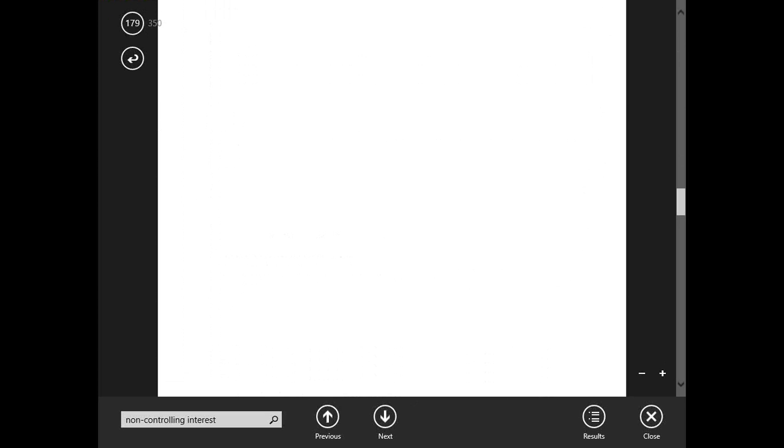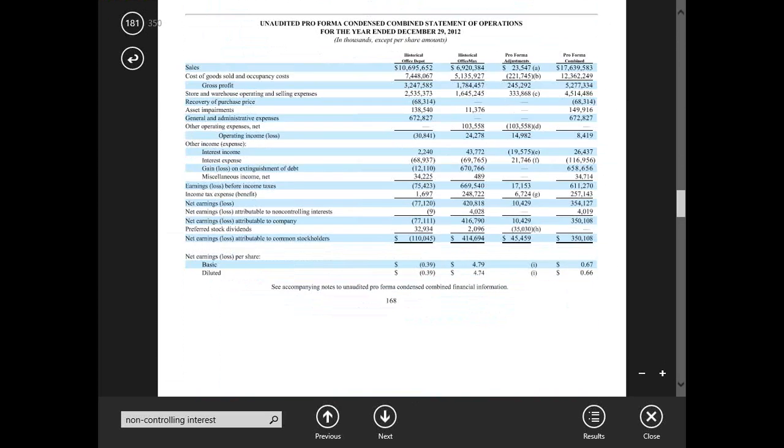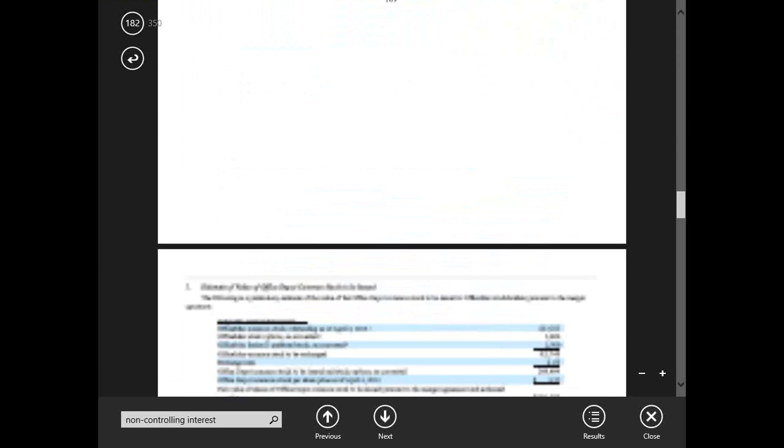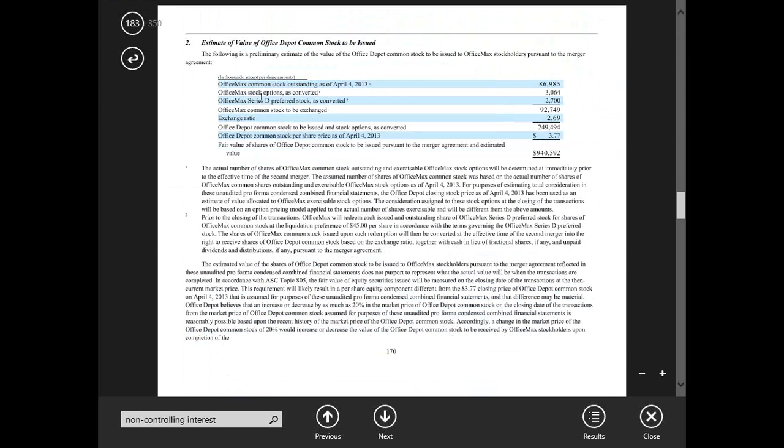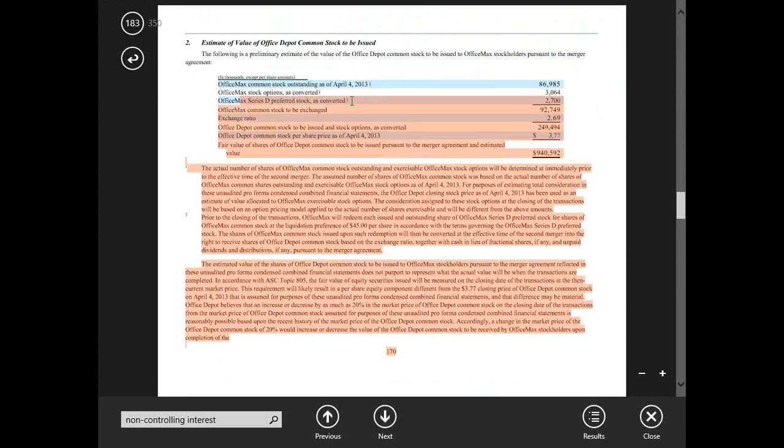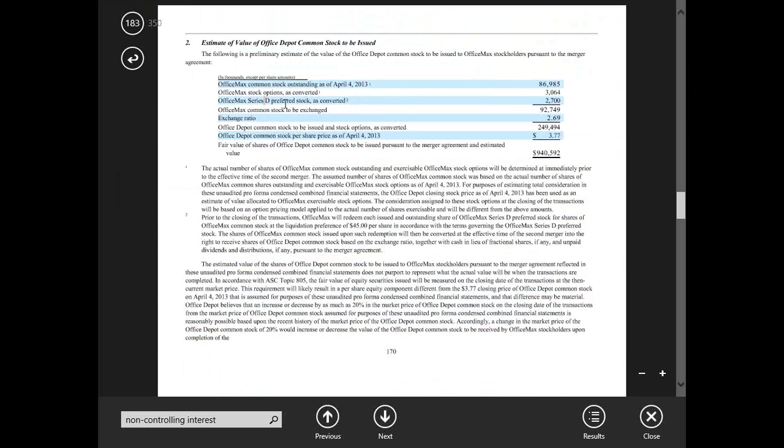We know that because it says it clearly. Office Max Series D preferred stock has converted. They converted it, they bought it out. Series D preferred. It's gone. Target preferred is gone. Bought out. That's part of the 940.6.